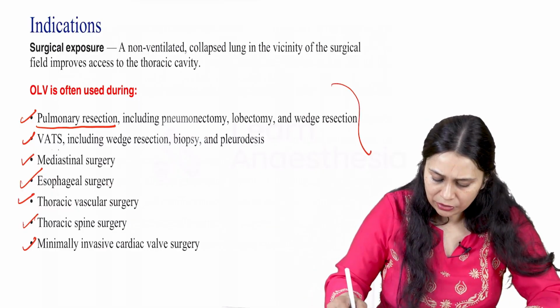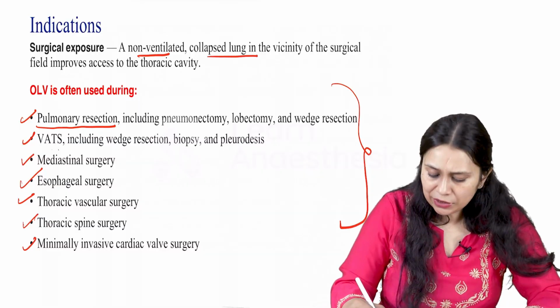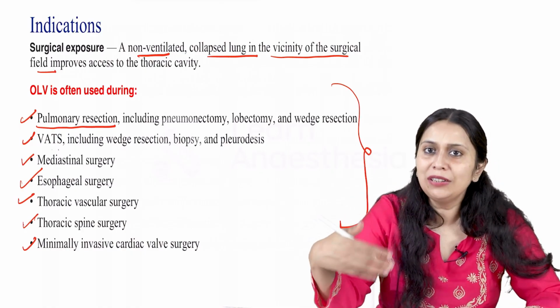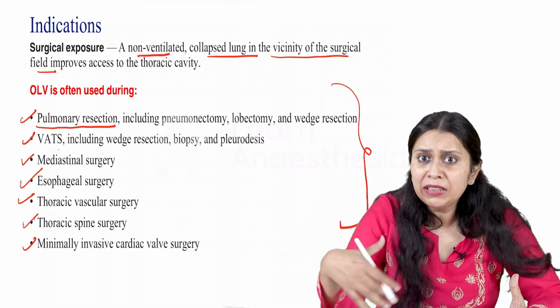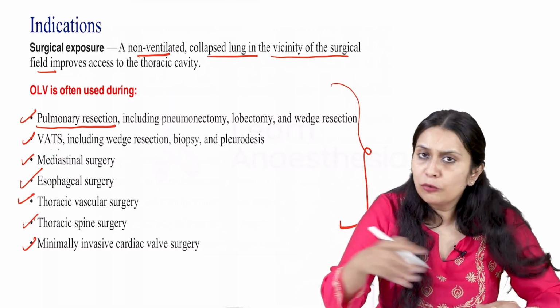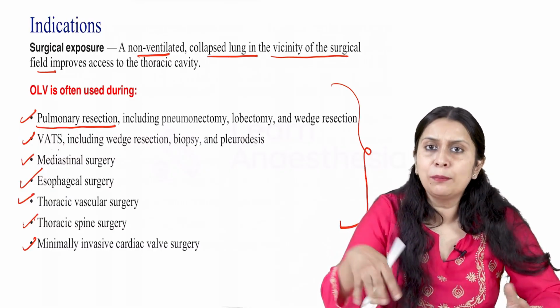In all these surgeries, a non-ventilated collapsed lung is required in the vicinity of the surgical field to improve the access to the thoracic cavity. So for a better access to the thoracic cavity, we need the one lung to be collapsed, right? So for a better surgical visualization, one lung ventilation is practiced.